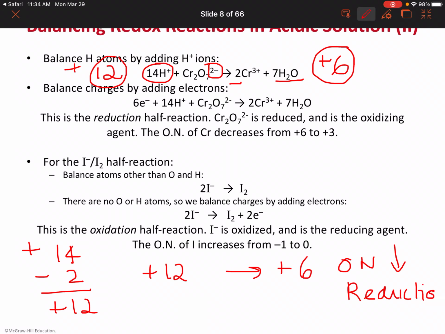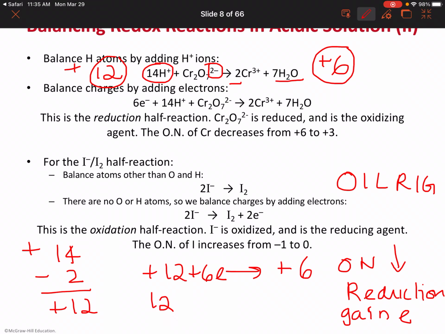So reduction, remember, OIL RIG: reduction is gain of electrons. How many electrons do you need to gain? Electrons mean you are adding negative charges. How many electrons do you need to gain in order to go from plus 12 to plus 6? 6 electrons. Remember, the charge of the electrons is negative.